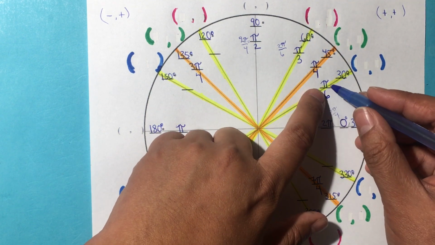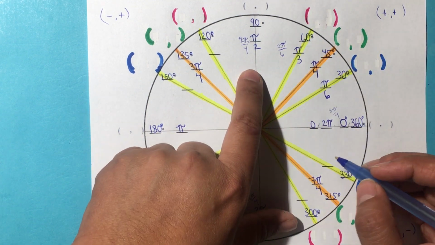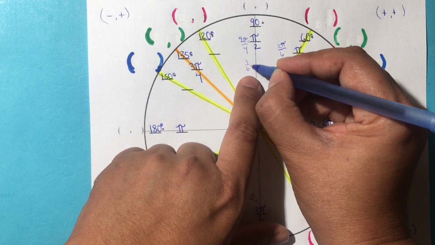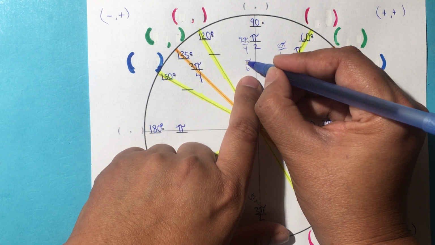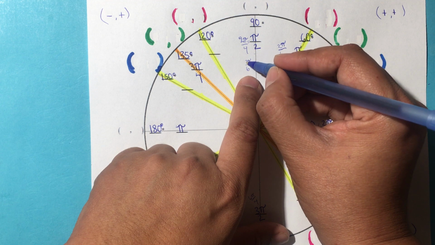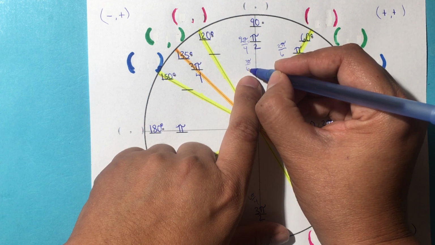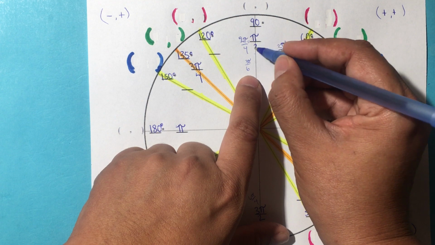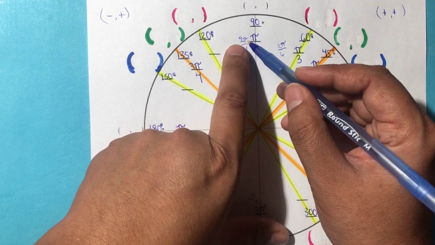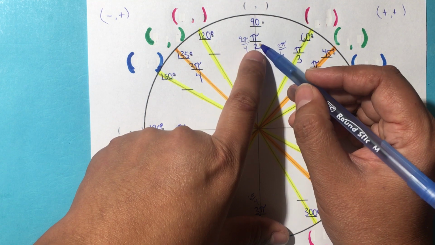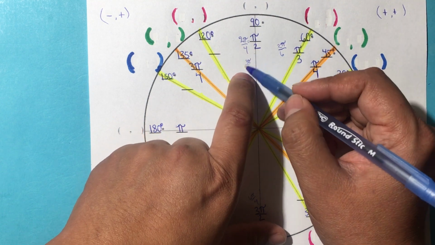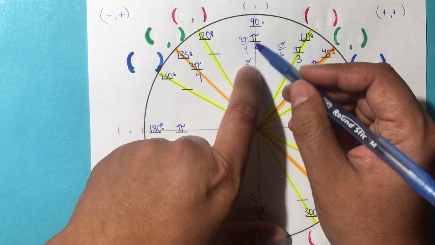For the next one is 1, 2, 3/6. 3/6 of pi. Half of 3. 3 divided by 3 is 1, that we don't put it, and 6 divided by 3 is 2. So see, this comes from the 45 comparison and the 30-degree comparison as well.